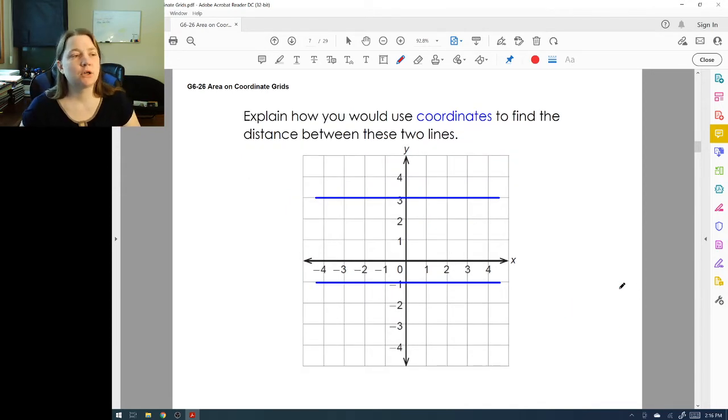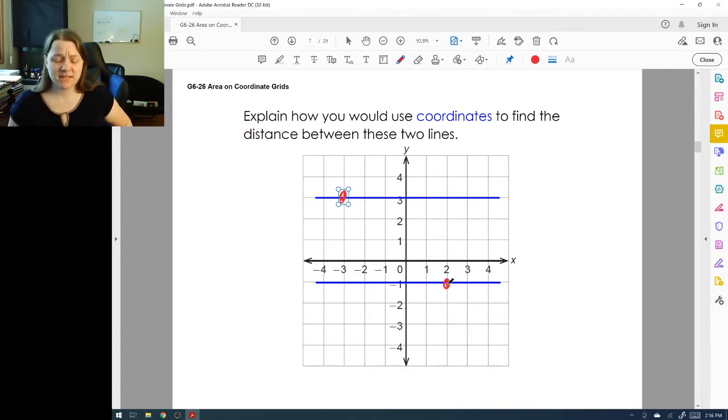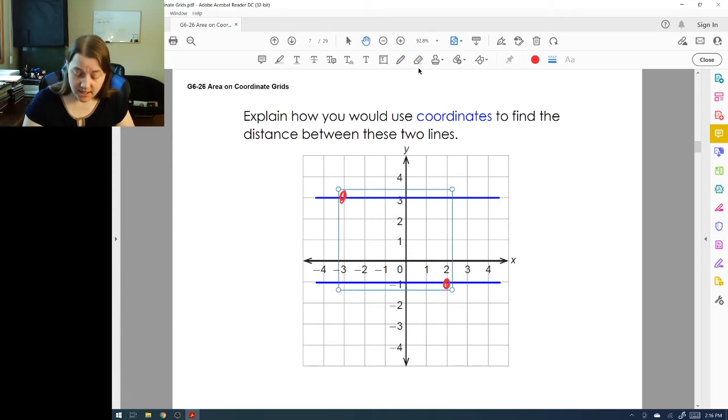How could we use the coordinates to find the distance between these two lines? Well, I would plot a point on either one of the lines. Let's plot, let's say this point, and let's say this point. In fact, you know what might even make it easier? Let's plot the points on the same vertical line.